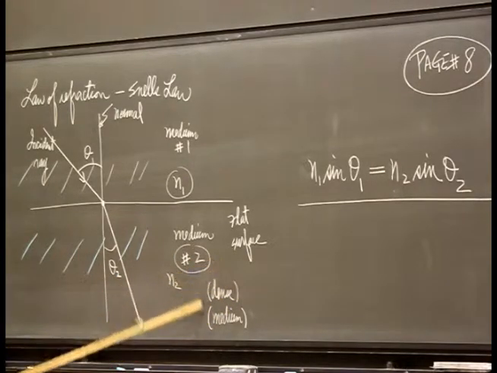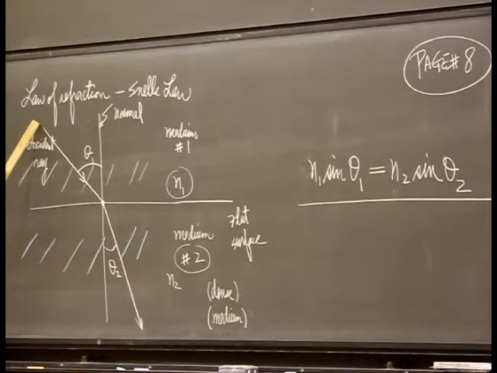If the light is incident with angle theta 1 and goes into medium 2, which is a more dense material, the light ray will bend toward the normal.